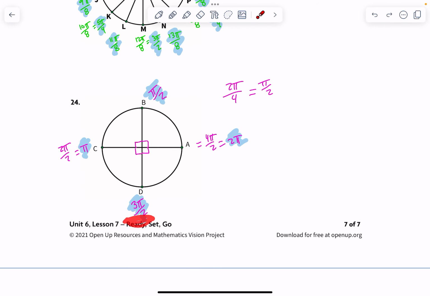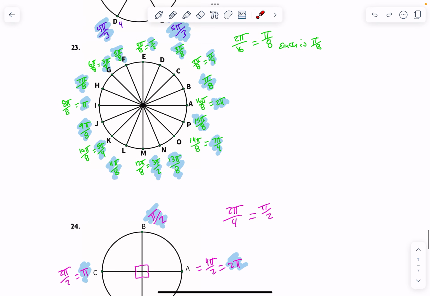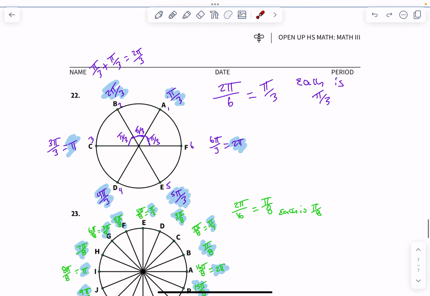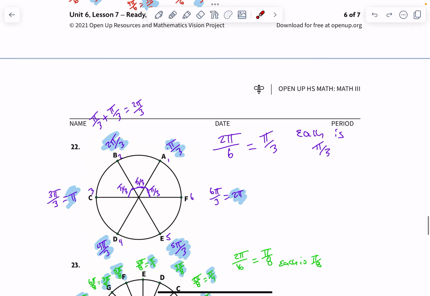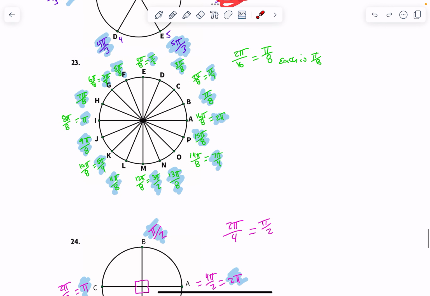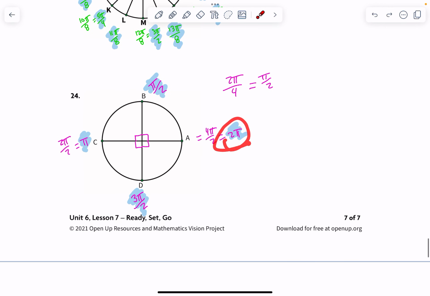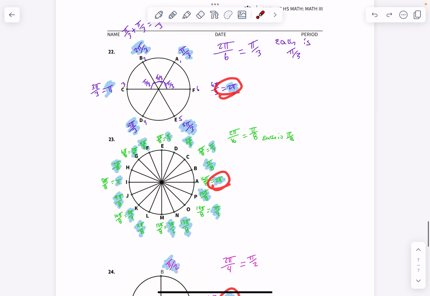At the very bottom, it's 3 pi over 2 always, 3 pi over 2, 3 pi over 2, and that at the very back, when you made your way around, it's just 2 pi. So 2 pi, 2 pi, 2 pi, and 2 pi, okay?